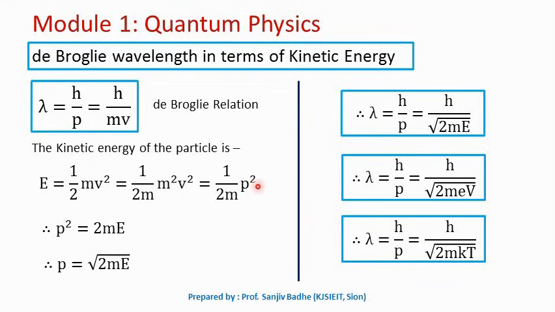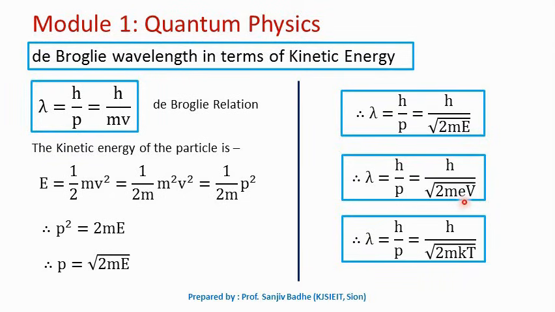So p square can be written as 2mE, so the square of the momentum is equal to 2mE, and therefore the momentum can be written as square root of 2mE. If you substitute this value for momentum in the de Broglie relation, lambda can be written as h upon square root of 2mE, where E is the kinetic energy of the particle.